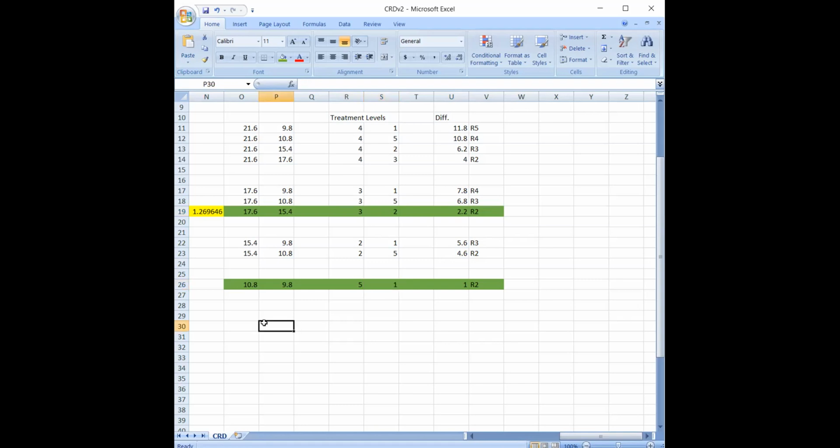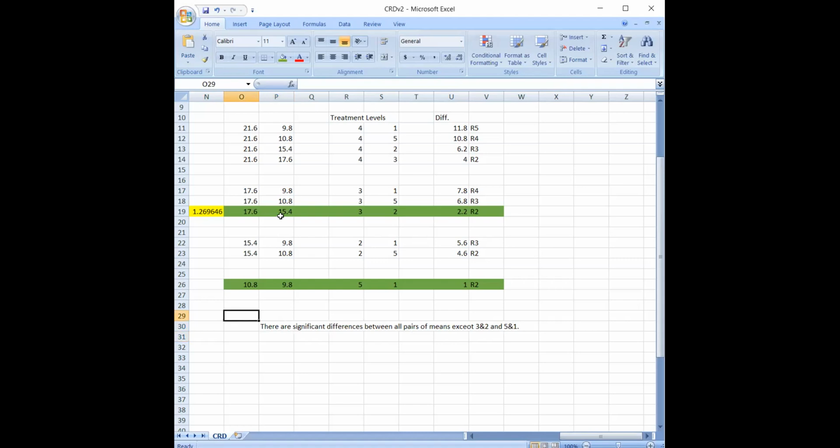So I will write here: there are significant differences between all pairs of means except 3 and 2 and 5 and 1. So this should be your conclusion.